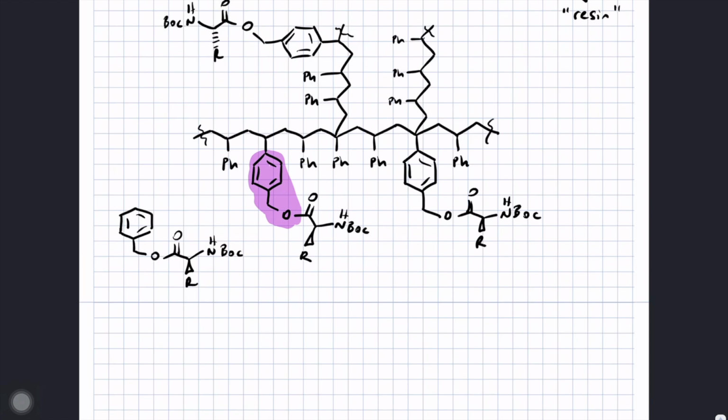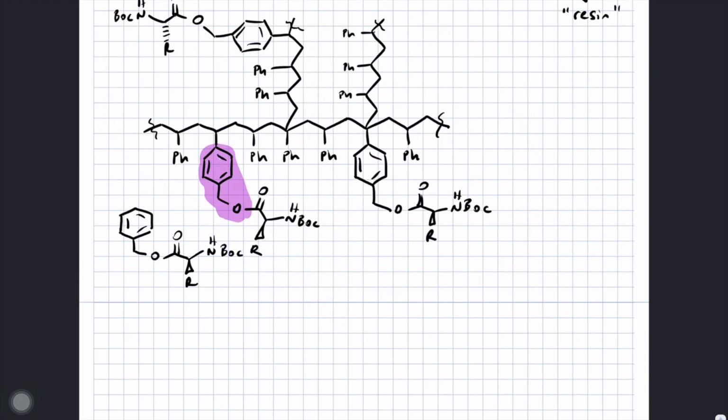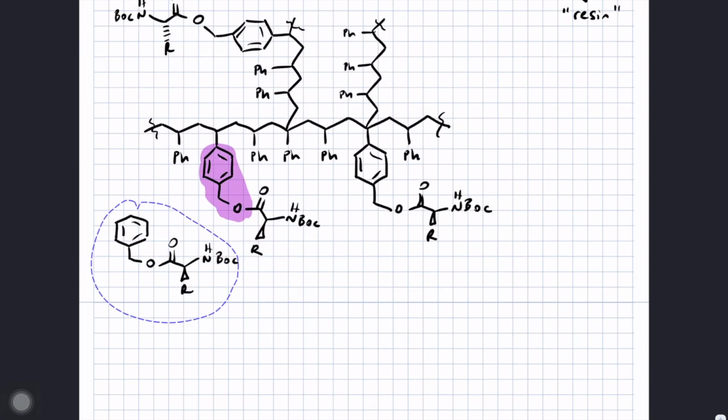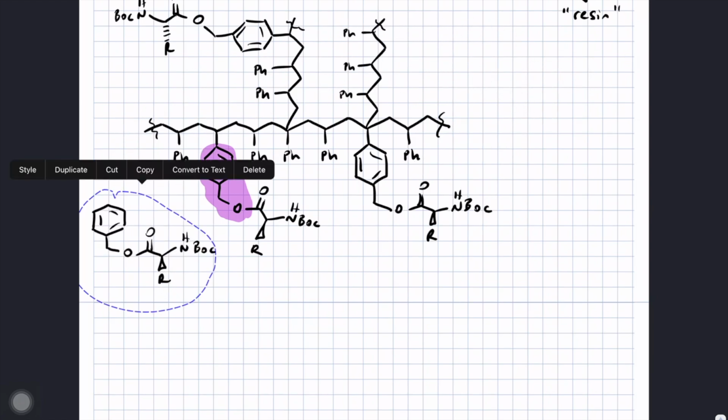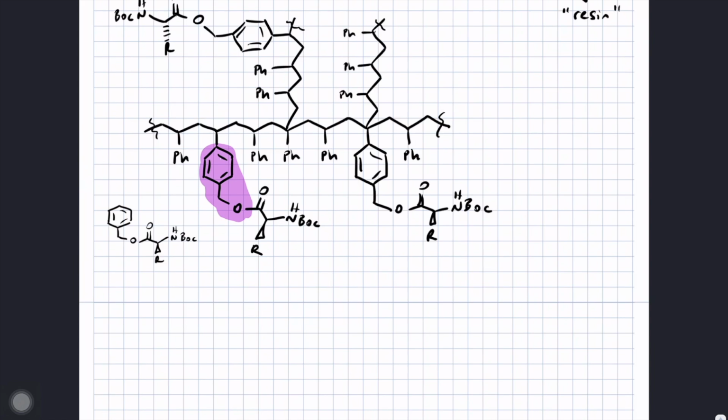And to simplify our drawing, I'm going to represent this large polystyrene polymer where we functionalize the chloromethyl groups with amino acid. I'm going to represent this as many in the field do, with a big circle, and sometimes we'll put a PS inside the circle so that we know that it's a polystyrene bead.